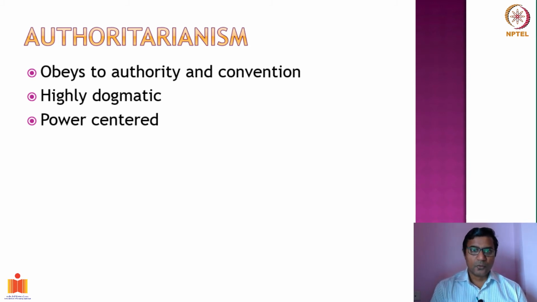So they are people who easily accept their bosses: whatever my boss says is correct. Similarly, whatever I say, my subordinate should listen. They are very compliant to power structures, and they are also very dogmatic. They don't want to listen to their subordinates. They are very close-minded, and they are very eager to get more power.